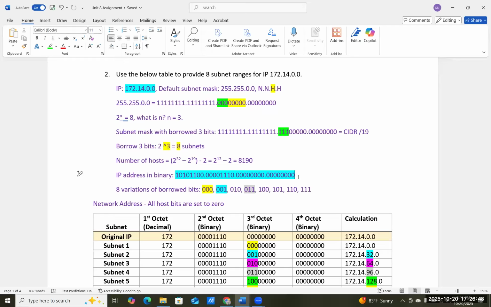2 to the first power gives you 2. 2 to the second power is a multiple of 2, so it gives you 4. 4 times 2 is 8, which is the third power, right? 2 to the third power gives you 8.